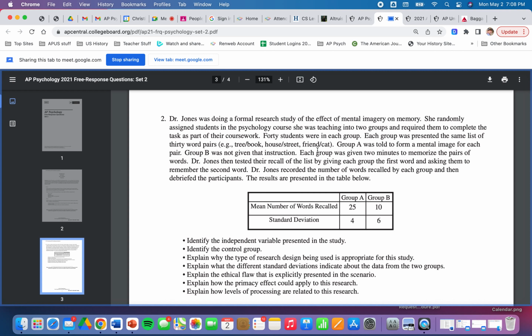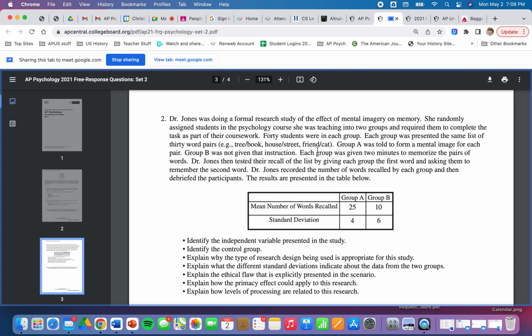Dr. Jones is doing a formal research study of the effect of mental imagery on memory. She randomly assigned students in the psychology course she was teaching into two groups and required them to complete the task as part of the coursework. 40 students were in each group. Each group was presented the same list of 30 word pairs, e.g. tree/book, house/street, friend/cat.